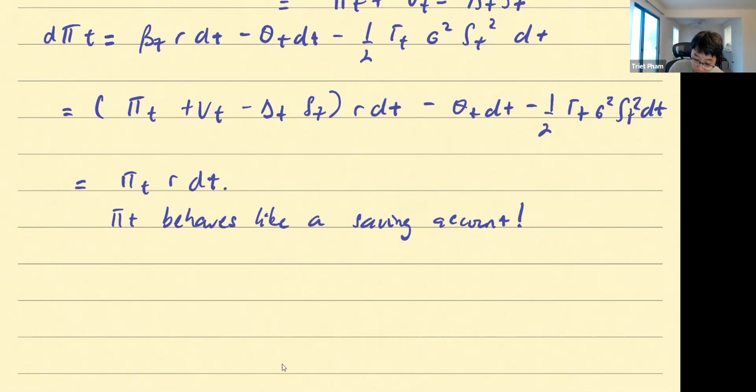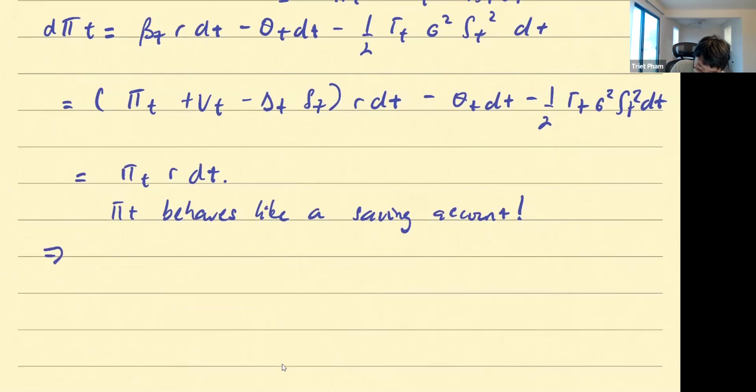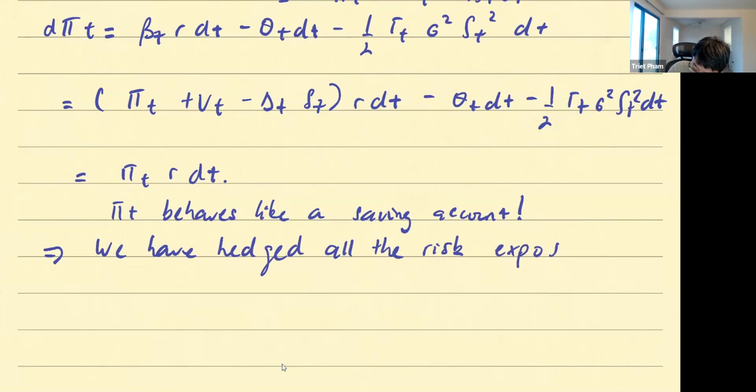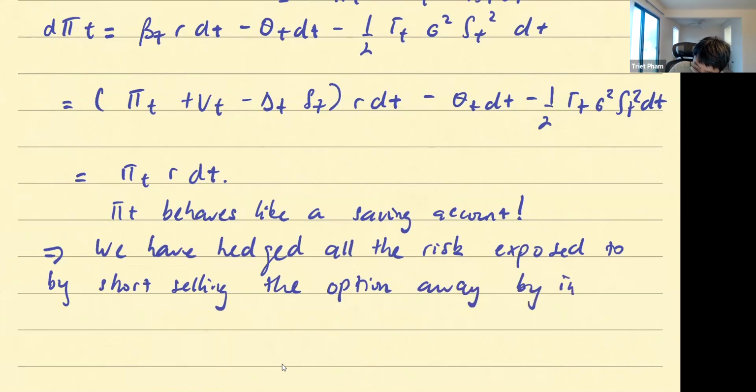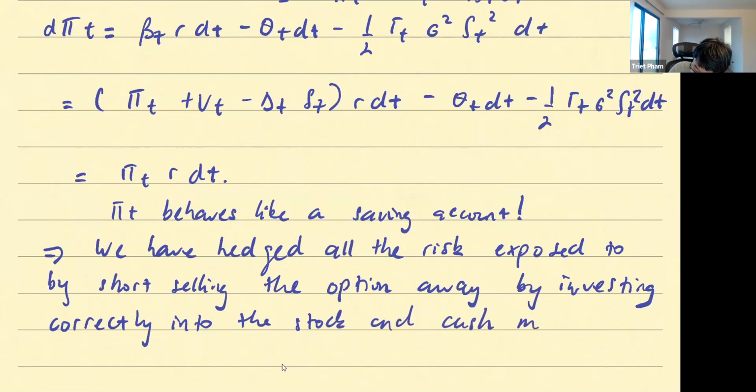The point, exactly as we have shown, is that we have hedged all the risks away, the risks exposed to by short selling the option, by investing correctly into the stock market. Is that okay? That's the goal.